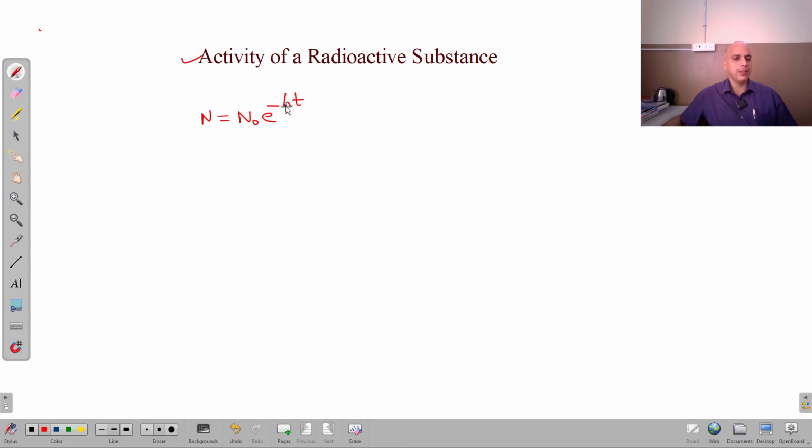Here lambda is the disintegration constant, the half-life period T half is equal to 0.693 upon lambda, and T average is equal to 1 upon lambda. I have covered all these things in the earlier lectures.